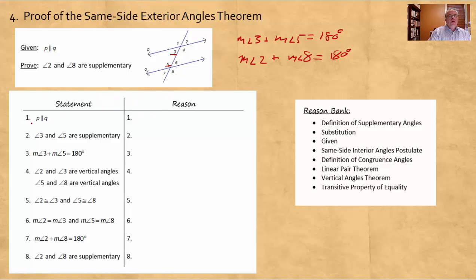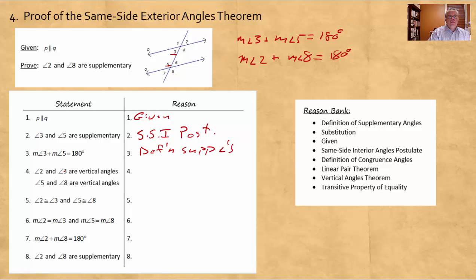All right, here we go. P is parallel to Q. That is given. 3 and 5 are supplementary. We're using a different pair this time, but that's still the same side interior angles postulate. 3 plus 5 equals 180. That's the definition of supplementary angles.